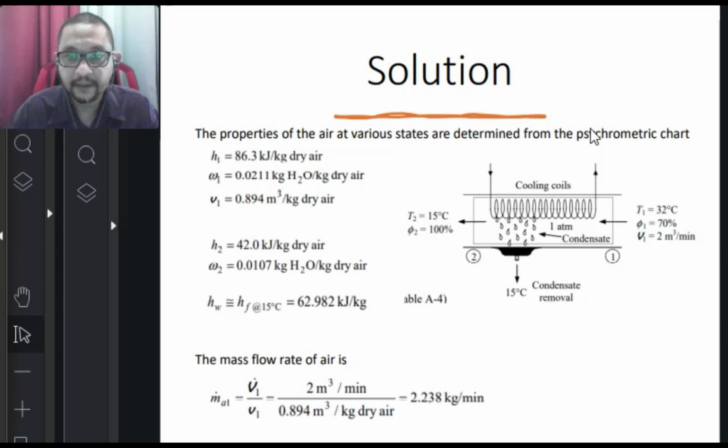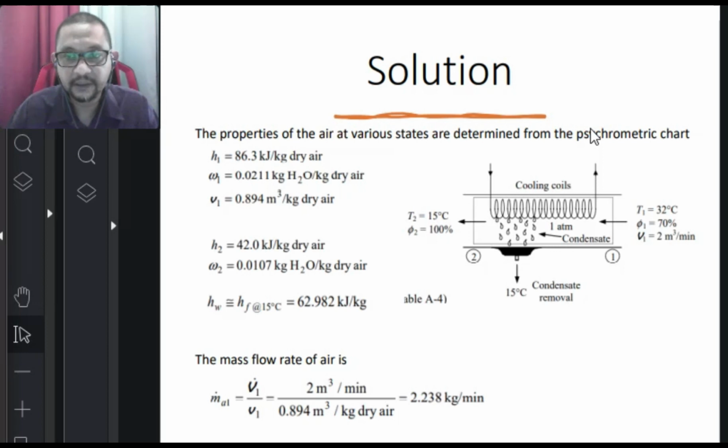In this situation, of course, it deals with saturated air, so the enthalpy of saturated liquid water at 14 degrees Celsius is 58.8 kilojoule per kg. You can take this enthalpy value from the properties table, table A4. Also, inlet and exit states of the air are completely specified, and total pressure is 1 atm.